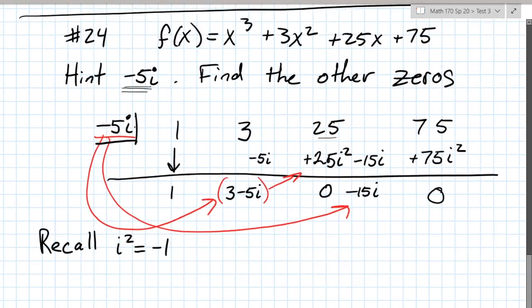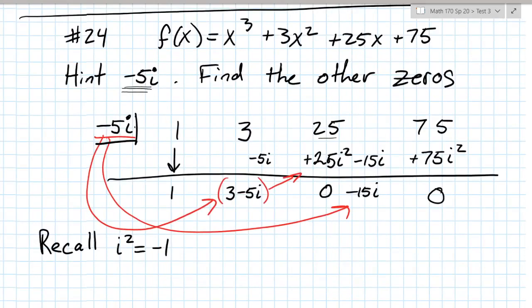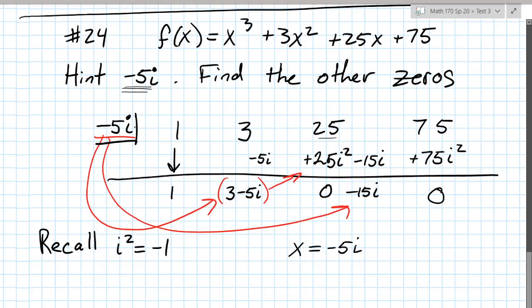This is good news because the hint was in fact actually a 0. That is, x equals negative 5i is a 0, or x plus 5i is a factor.